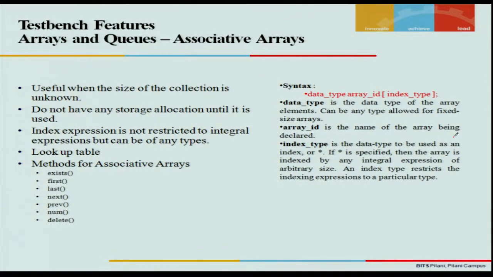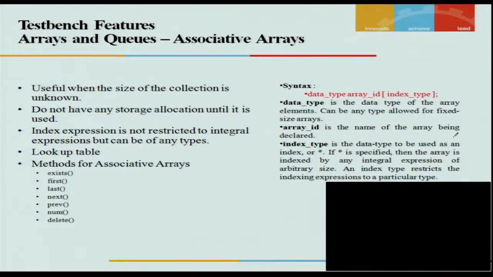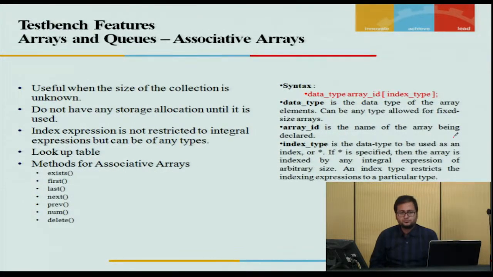Okay, let's come to an important concept of associative arrays. Associative arrays are really important in cases when the size of memory which the user wants to use is not known. Consider an example of a memory verification controller in which you have like 512 MB of data.